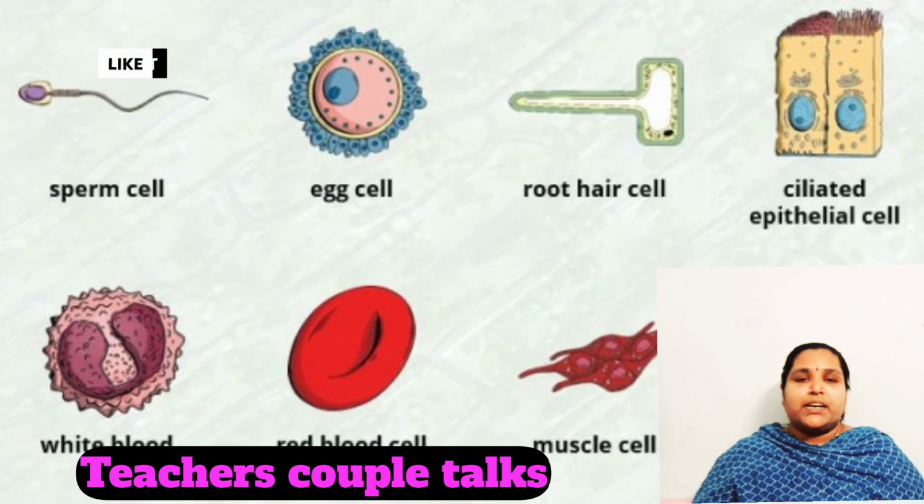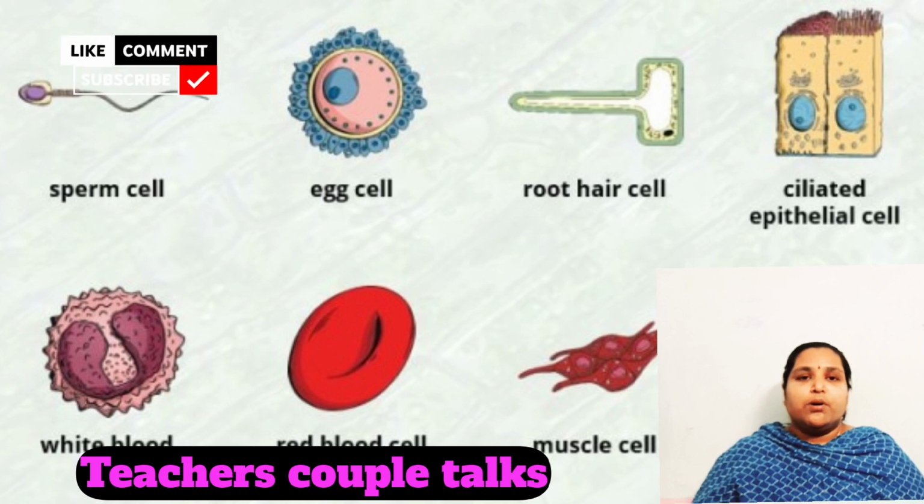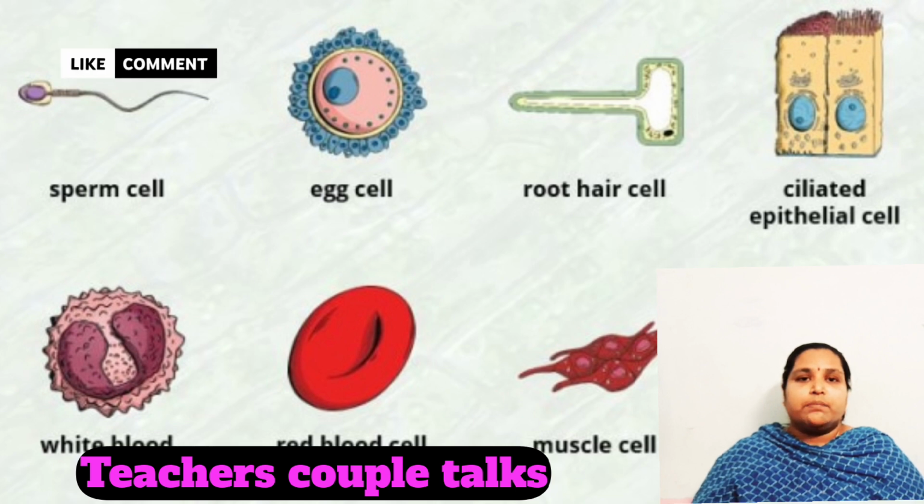Ligament. What is ligament? Ligament is present at the bone joints. Bone joints are connected by a fibrous tissue, which is made up of a protein called collagen. Tendon. What is tendon? Tendon is a connective tissue which connects the muscle tissue with bone tissue.